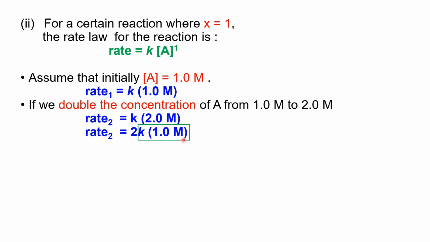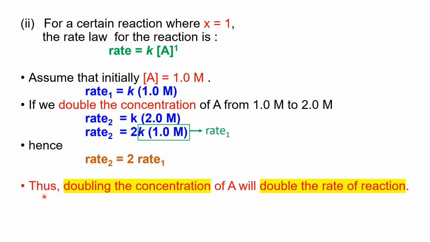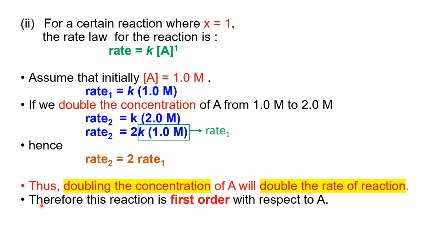K times 1.0 molar is the same as rate 1. Hence, rate 2 equals 2 times rate 1. Thus, doubling the concentration of A will double the rate of reaction. Therefore, this reaction is first order with respect to A.